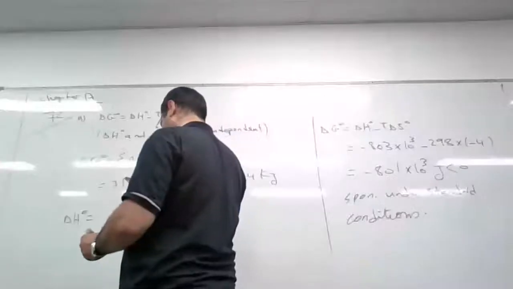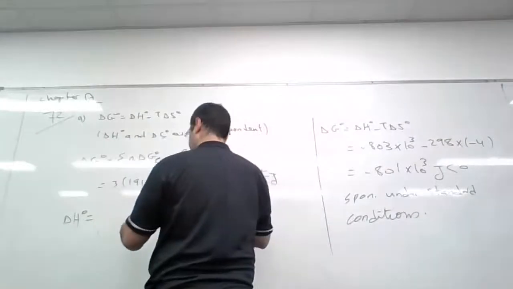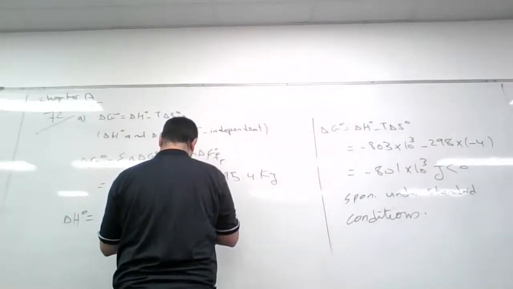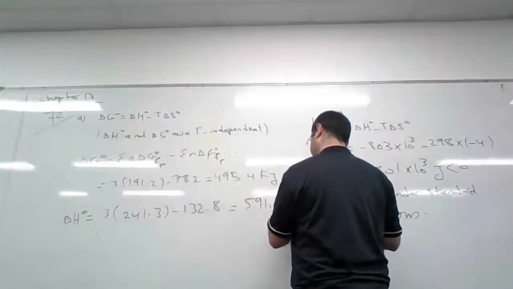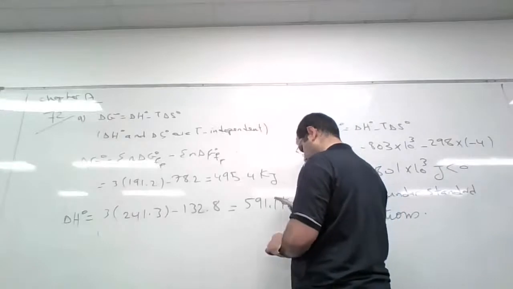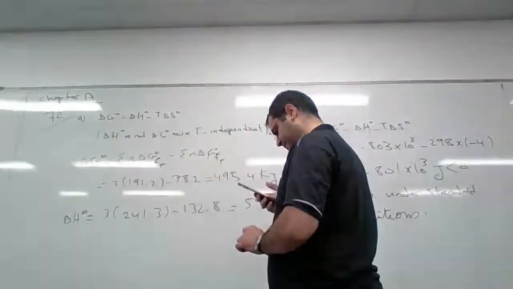Significant figures, Abu Areesh, 320. Delta H naught is equal to 3 into 241.3, 1 kilojoule.